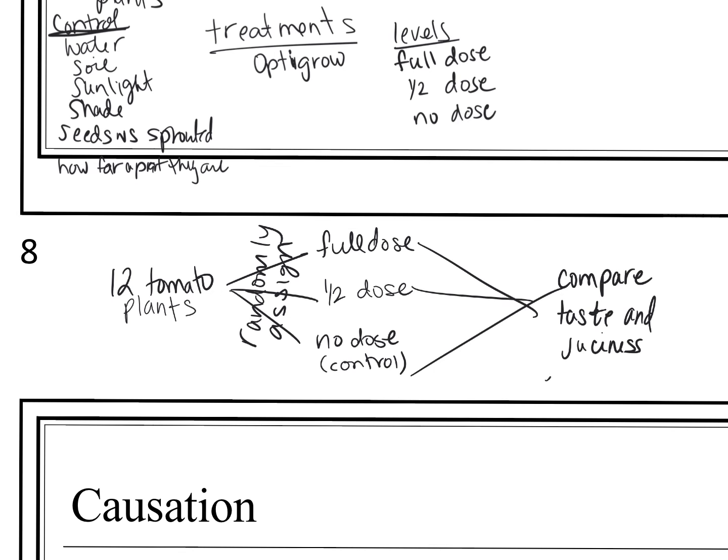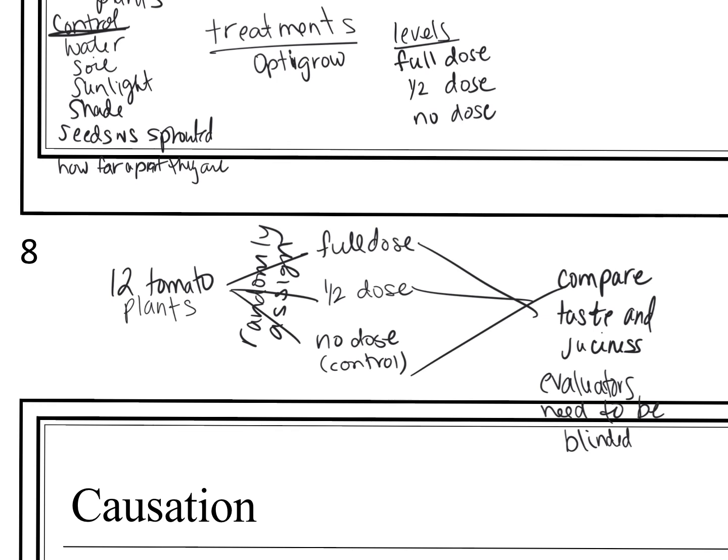So the evaluators need to be blinded, which means there's a second person that knows what treatment each plant got. So the plants are labeled 1 through 12. That person knows, but the person who's tasting them and rating them for juiciness and tastiness is not aware of what treatment they got, so that they aren't affected by the experiment. Okay, so that's completely randomized.